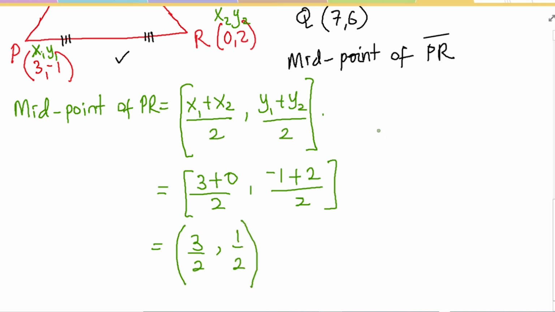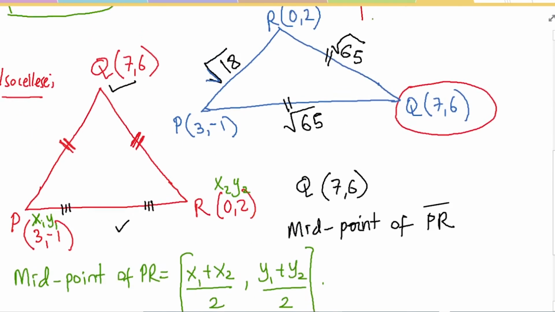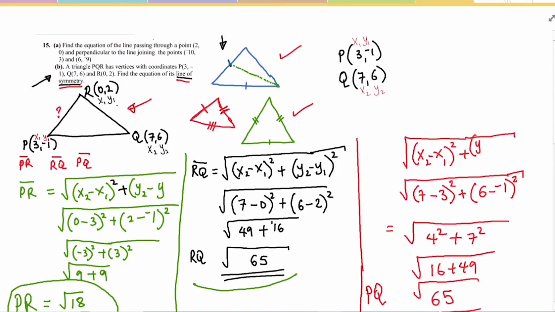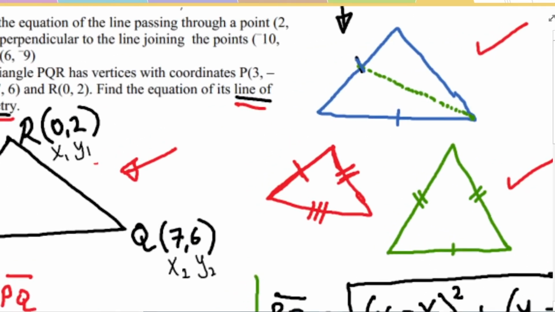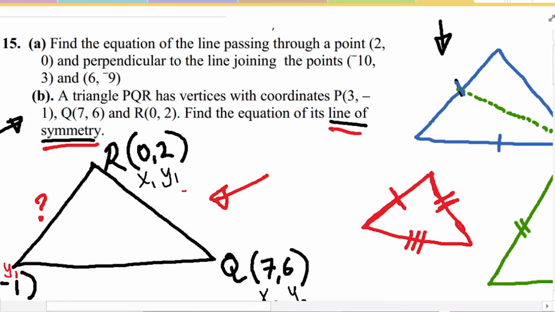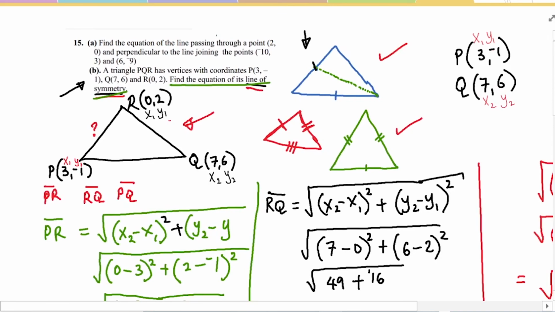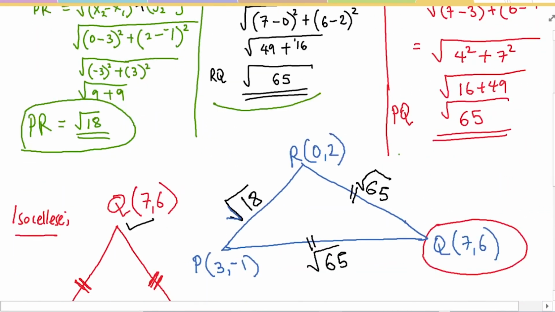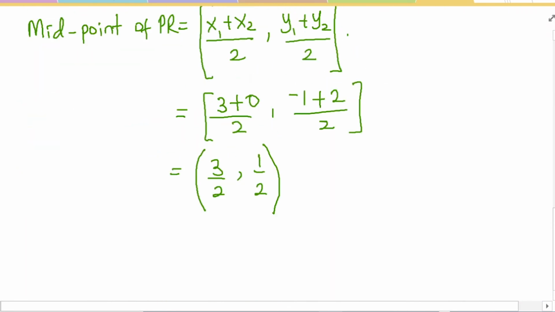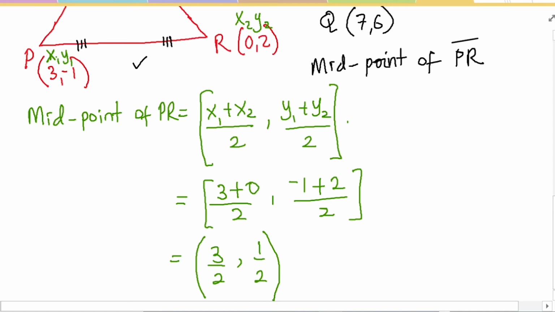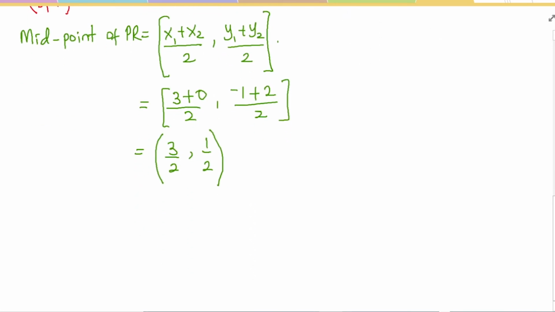Let's get back to the question. They're asking us to find the equation of the line of symmetry. We have been able to identify the line of symmetry, and establish that it is passing through 2 points.